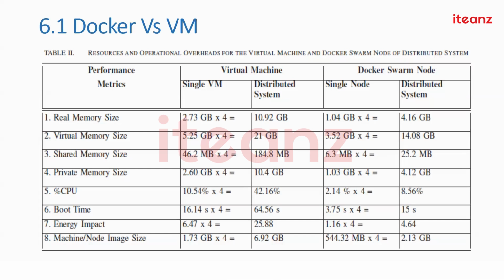Same goes with the RAM as well, and same goes with the machine node. Boot time, energy impact, and machine node are all connected. In general, normal VMs will take higher resources, and Docker will take a lesser amount of resources.